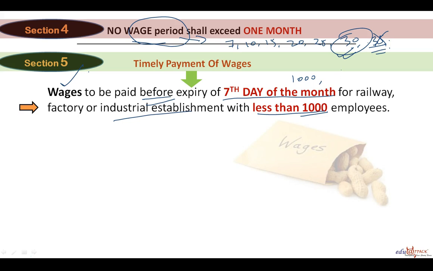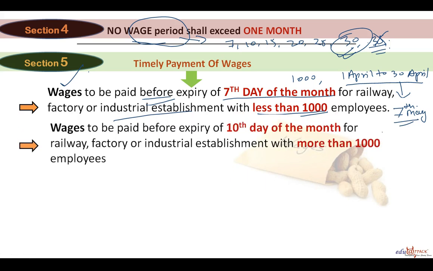If a wage period is supposed to be from 1 April to 30th April, this is your wage period of 30 days. Then in that case, the employer has to pay wages before the expiry of 7th May. This is the crux here. I hope you got me correct by this example, section 5.